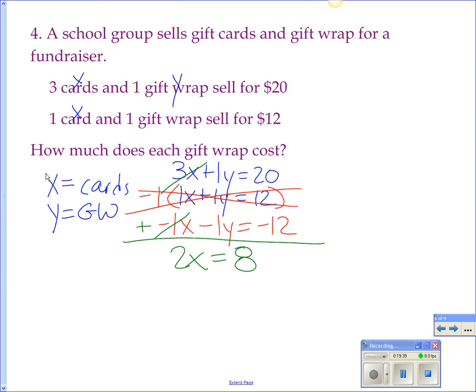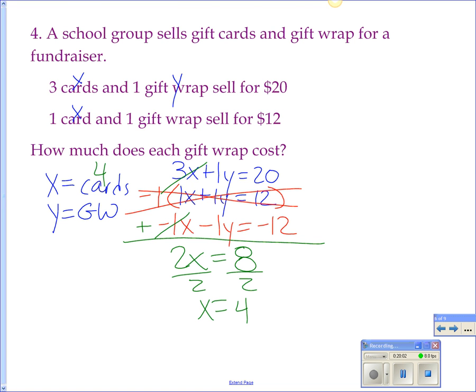And Dylan, what would I do next? Go back to the top. Right here. All right, so you get X is 4. So I go back up here and put a 4.